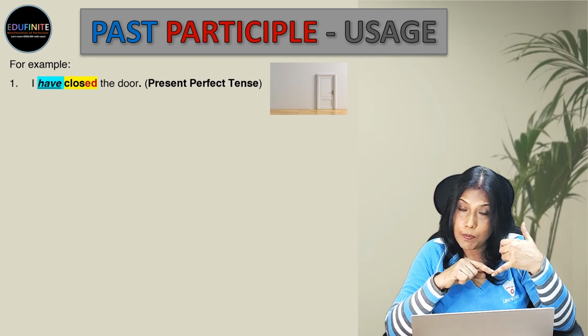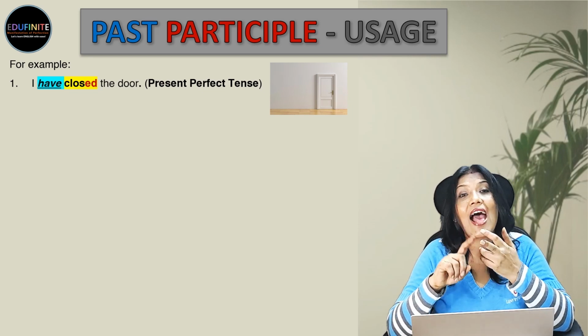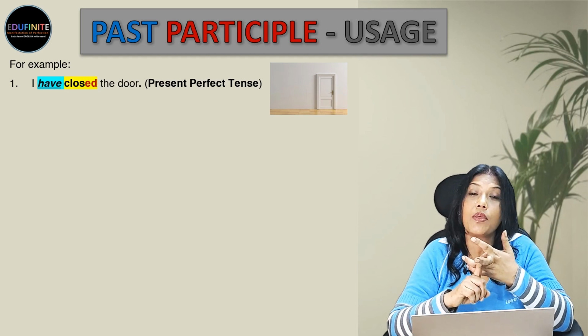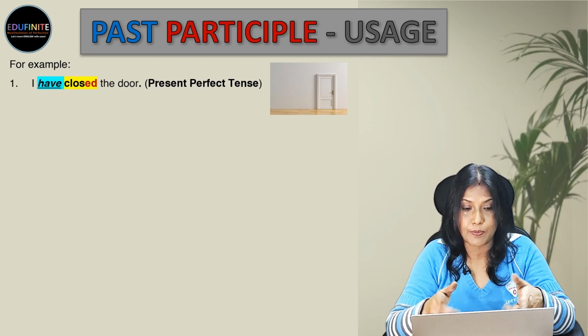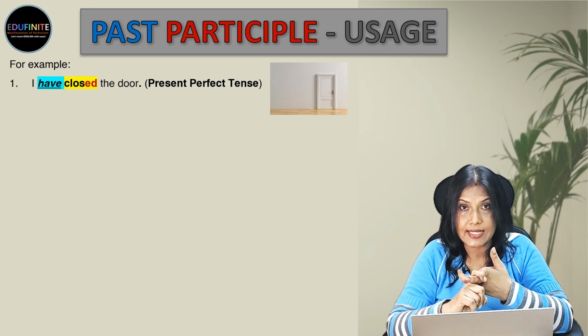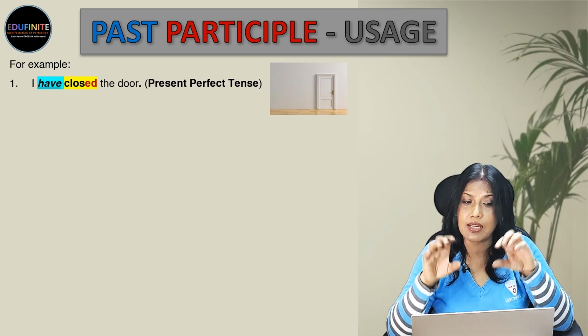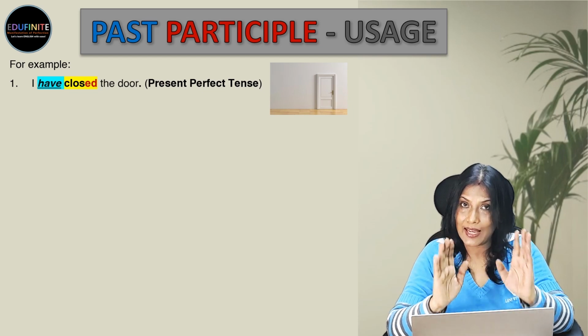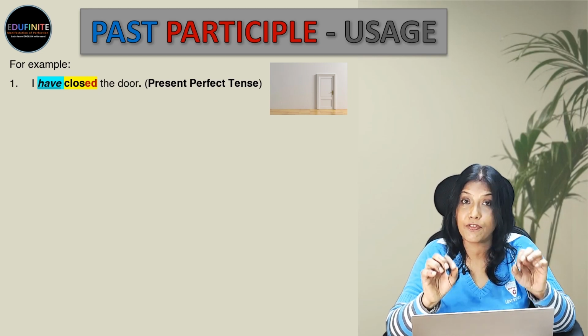With the present participle, we had formed the progressive or the continuous tense and the perfect progressive or the perfect continuous tense. And with the help of past participles, we will form the perfect tense as well as in perfect continuous tense, they will play a role. So, we'll come to that a little later. First, let's focus on the perfect tense.